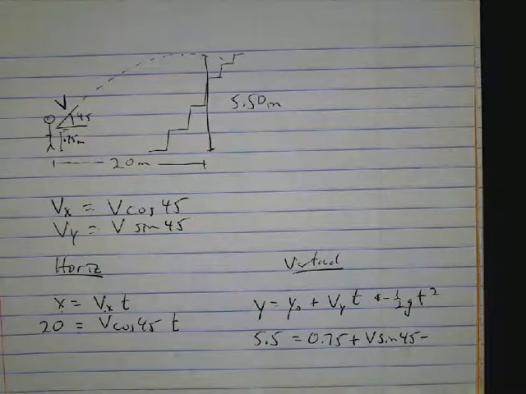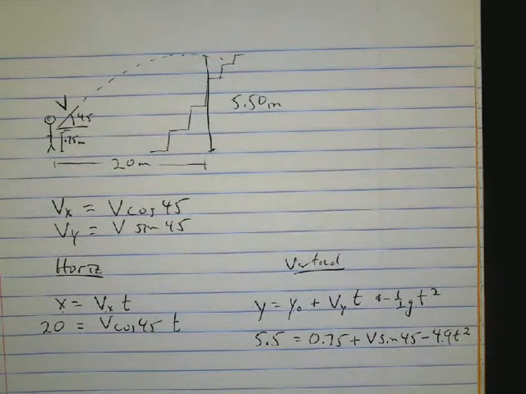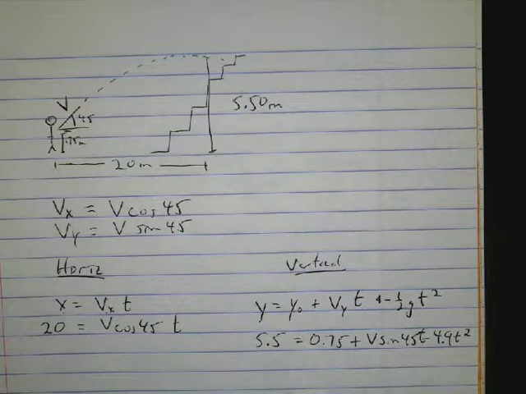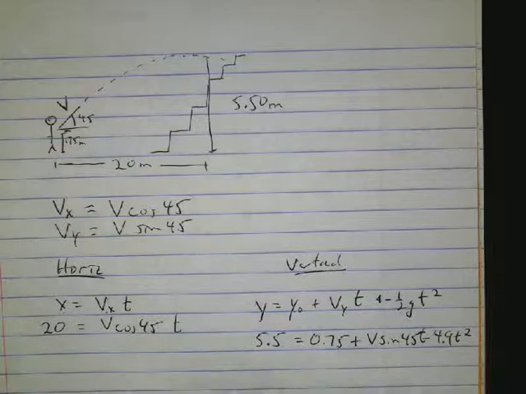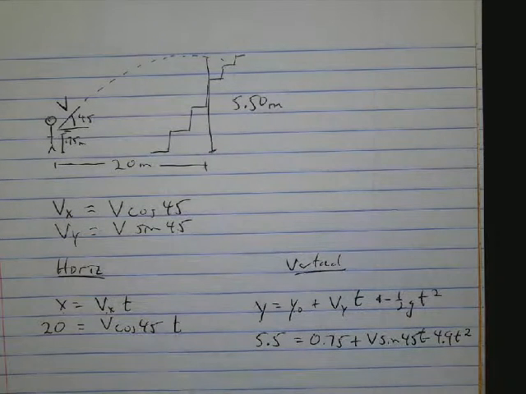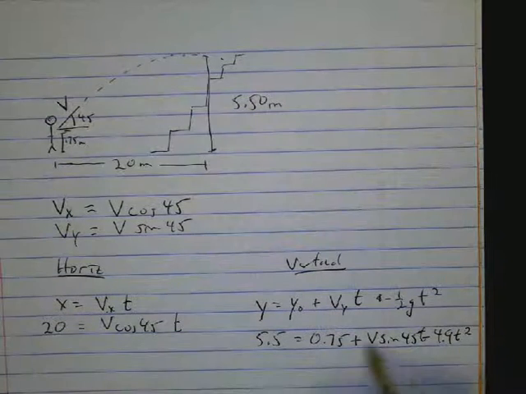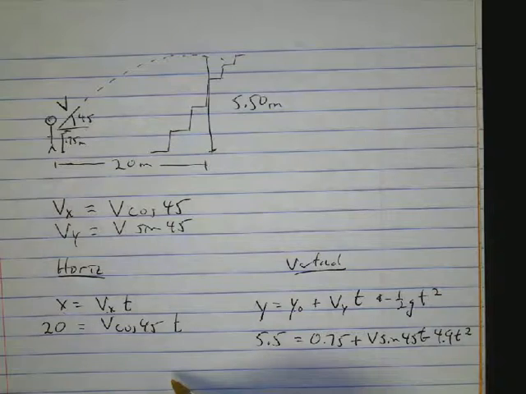Okay, what do we see here? We see that t is itself a variable, and I could solve this entire equation for t. Now look at this. I'm going to solve the horizontal equation for v. So I get 20. Everybody knows the cosine of 45 is 0.707.